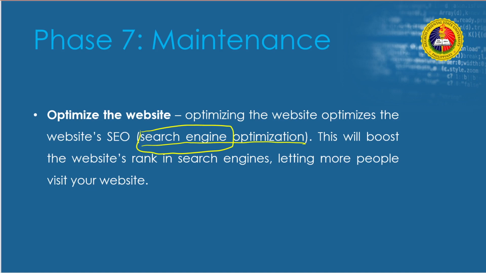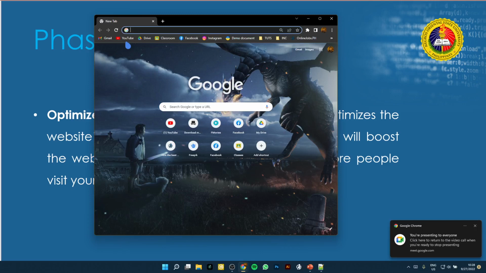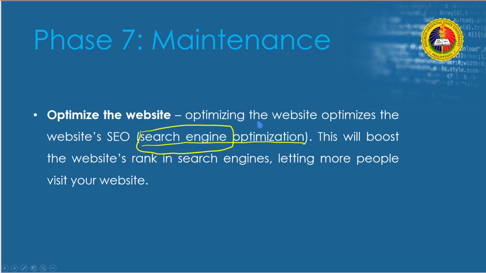Yahoo, sir. Okay. Yahoo search, Google search, Bing, those are search engines, right? If you are on Google and you search, you just Google it, okay? So you'll be using the Google search engine. All right? So what do you mean by SEO?